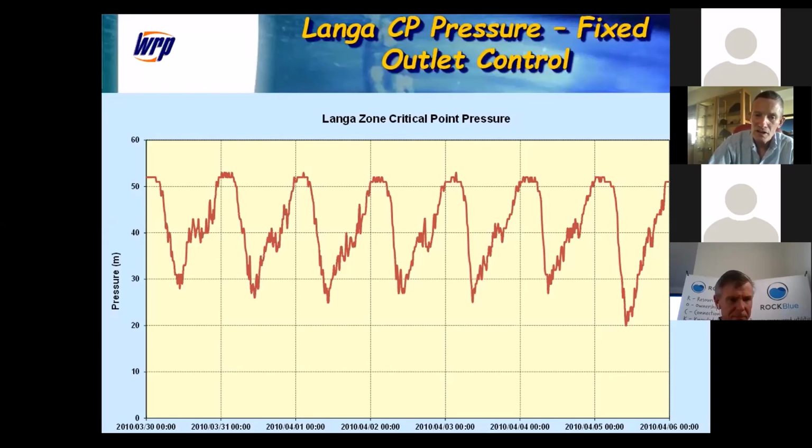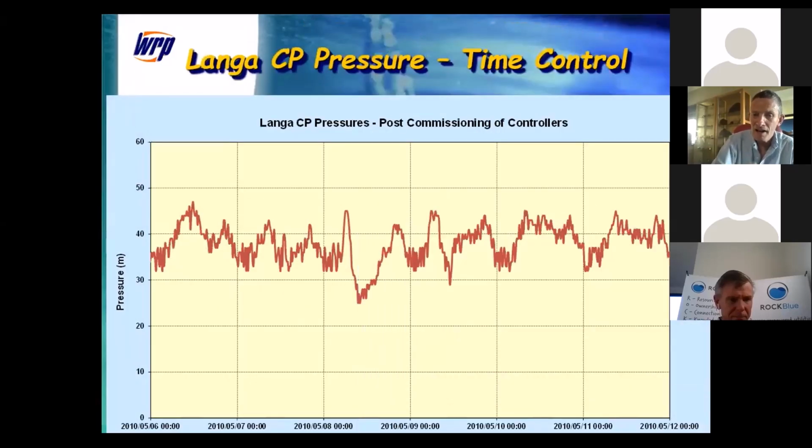You can see it varies from about 50 meters down to about 30 meters. You have scope here to control pressure at certain times of the day. So in this case, we may put in a pressure controller, and unfortunately it wasn't as successful as some of the other ones, but we did manage to reduce the variation to between 5 and 10 meters at the critical point using a controller.